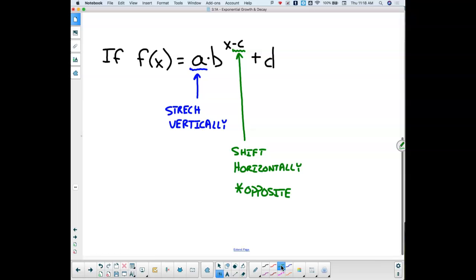And D shifts things vertically, which also affects your asymptote.